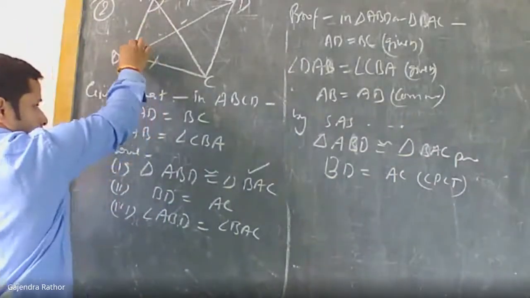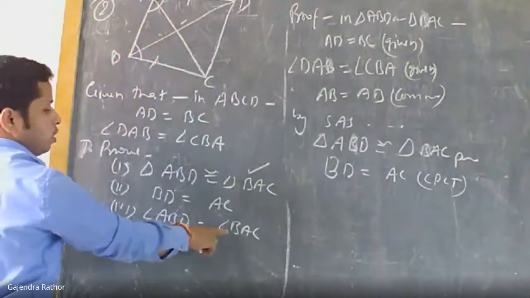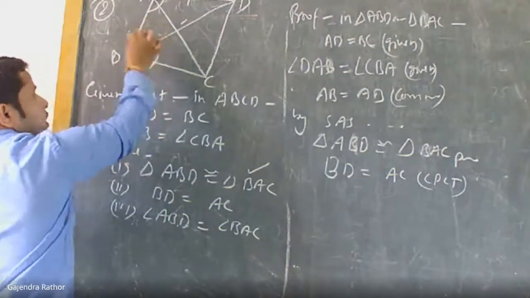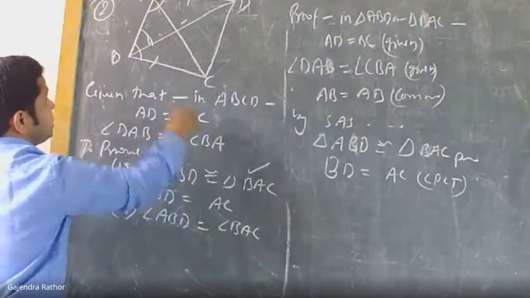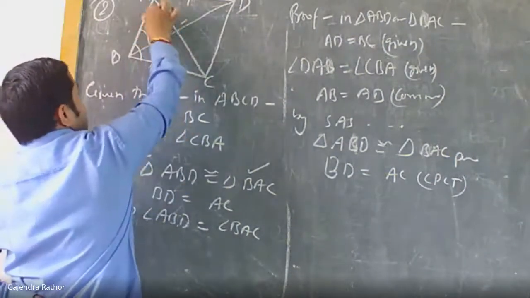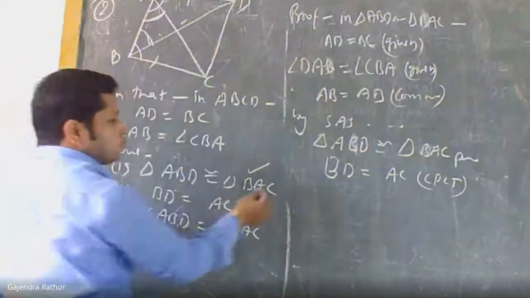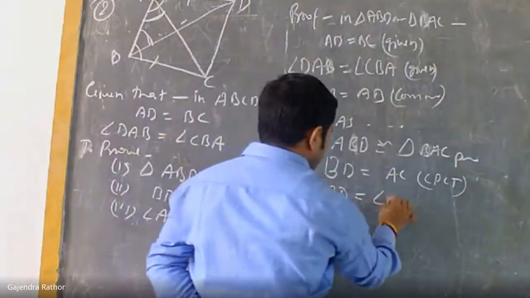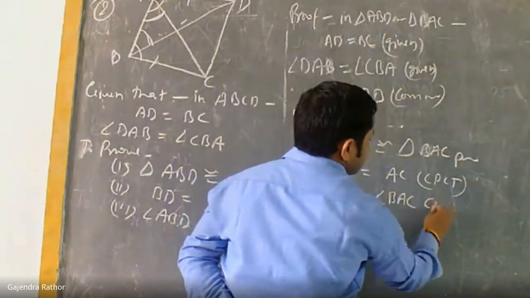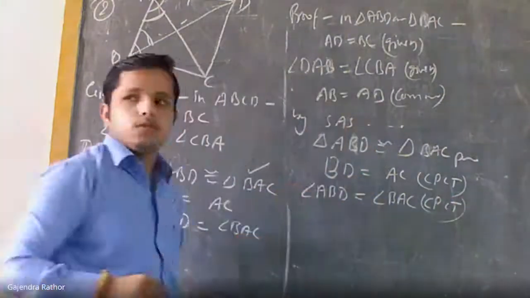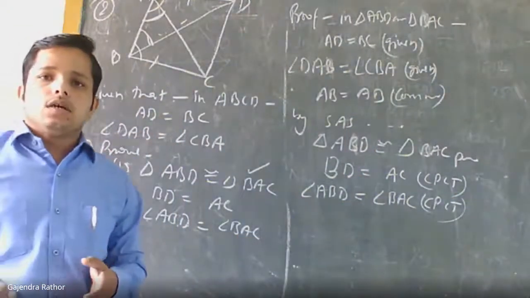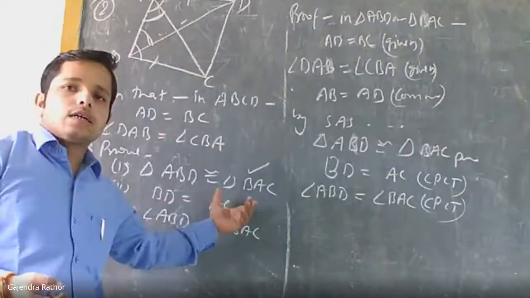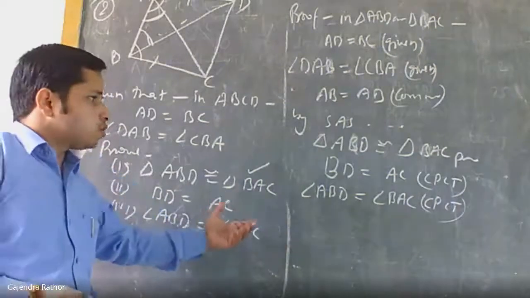Angle ABD, only this angle, not the complete angle, is equal to angle BAC, only this angle. So both angles are also equal. Angle ABD is equal to angle BAC by using the same CPCT. So the remaining 2 points we proved very easily because we already proved that the triangles are congruent. So the question is complete.